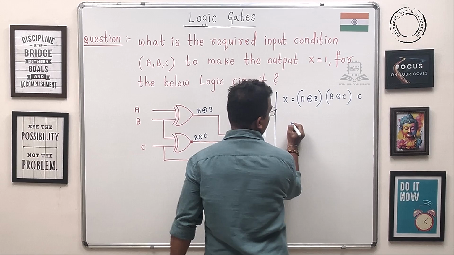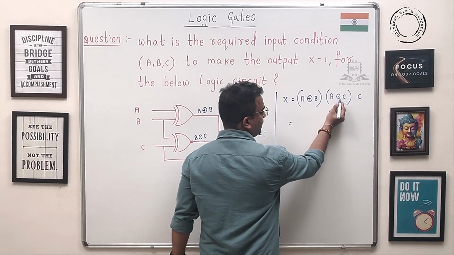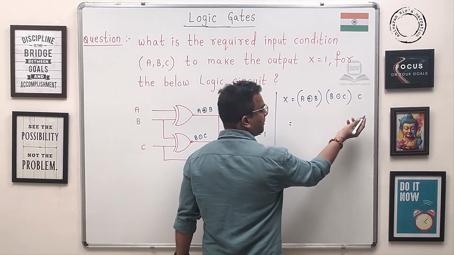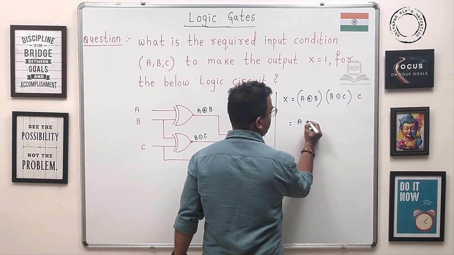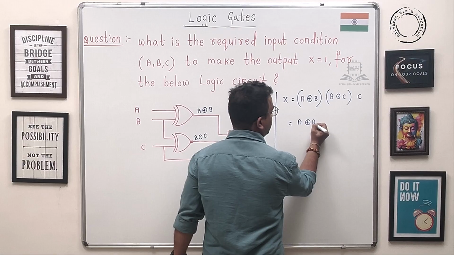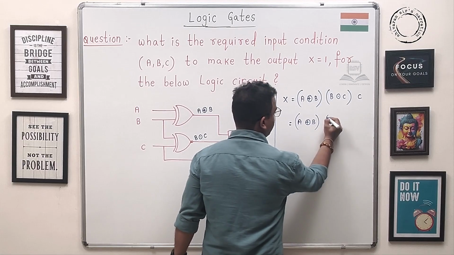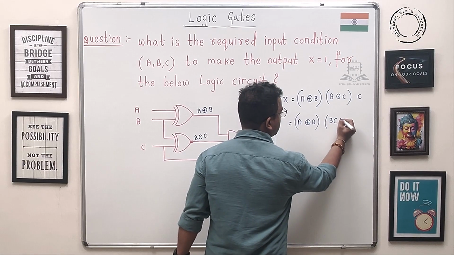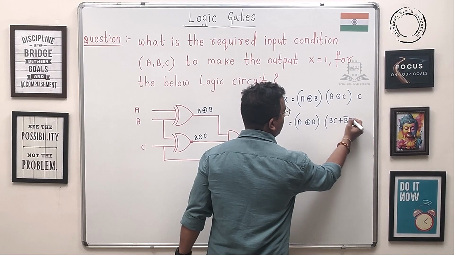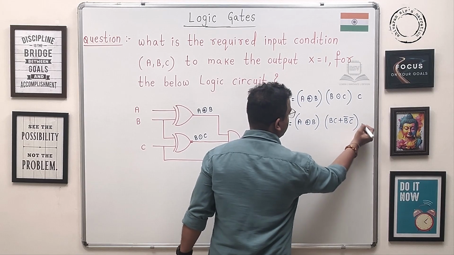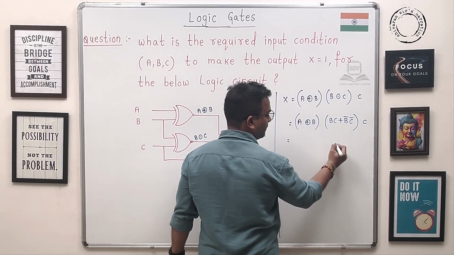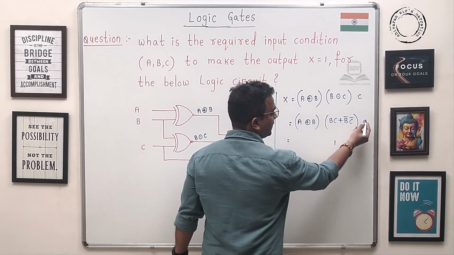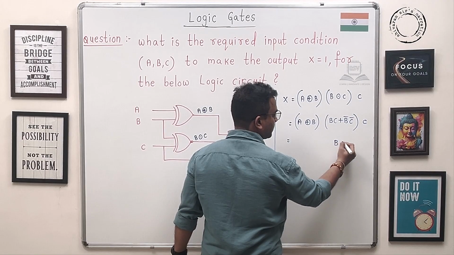Now here, what is B XNOR C? BC plus B bar C bar, the XNOR expression. Therefore, here it can be BC plus B bar C bar. Again guys, into C. Now, if you multiply, what do we get? BC into C, BC.